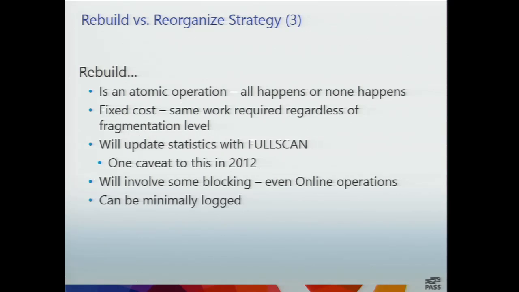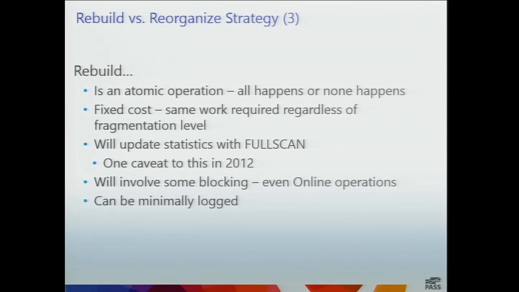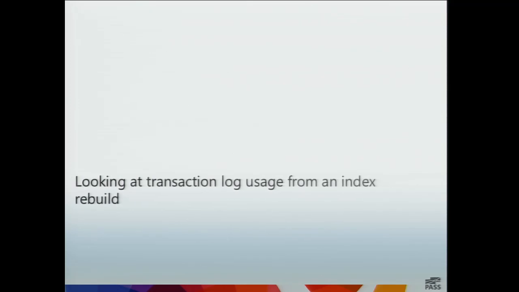And it can be minimally logged. So if I'm in the simple or the bulk logged recovery model and I perform a rebuild, potentially there's going to be less transaction log generated just because we're only touching the allocation pages. Okay, so let's take a look at a couple of demos here.